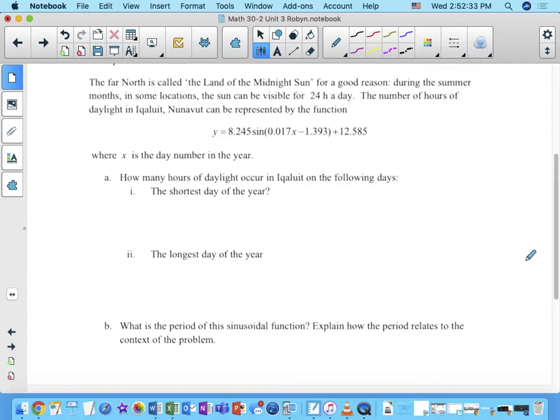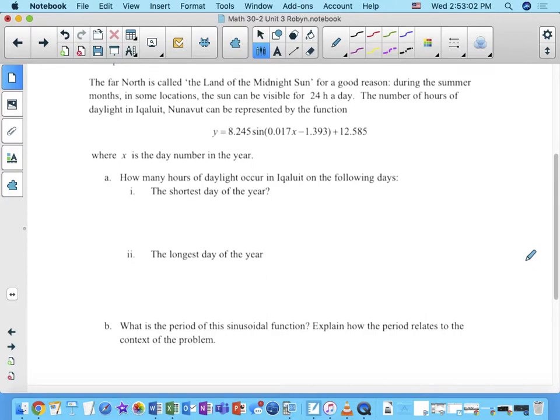Okay. Question 1. How many hours of daylight occur in Iqaluit on the following days? The shortest day of the year and the longest day of the year. Well, if you were to imagine what the graph would look like, what would you be looking for on the graph that would correspond to the shortest day of the year in terms of the number of hours of daylight?